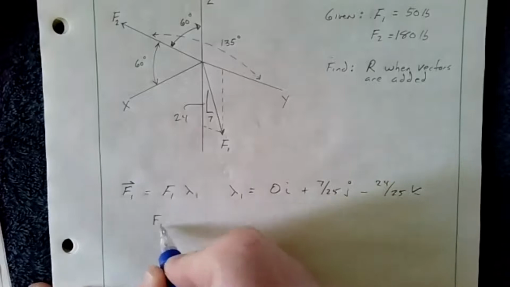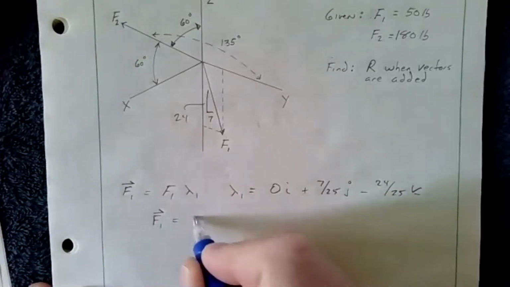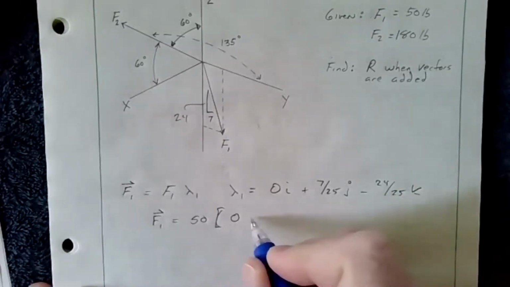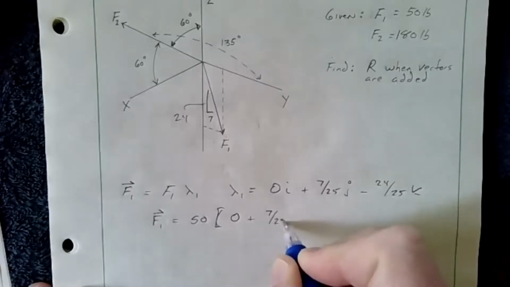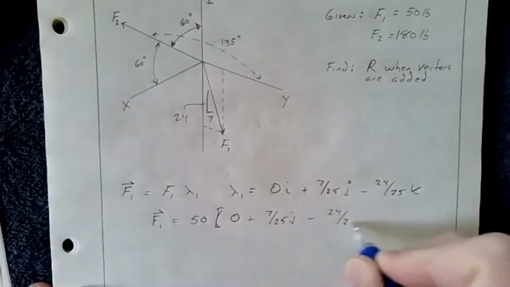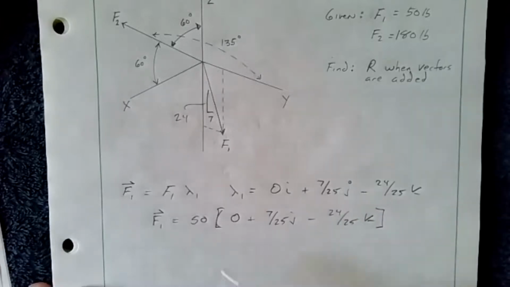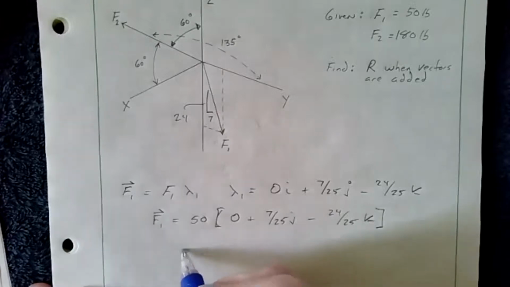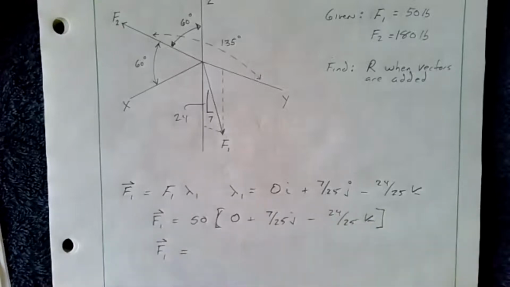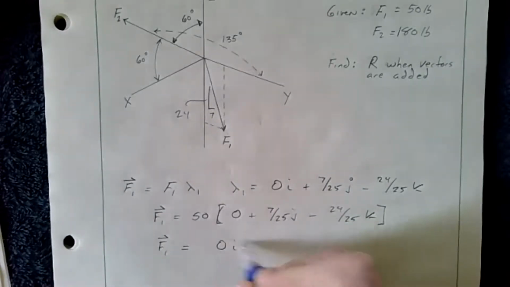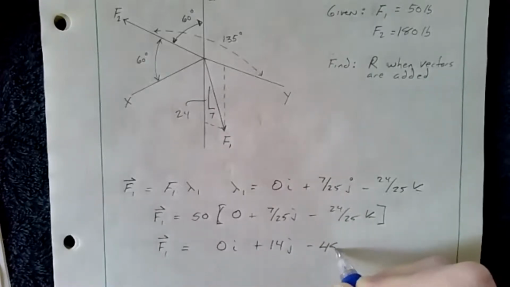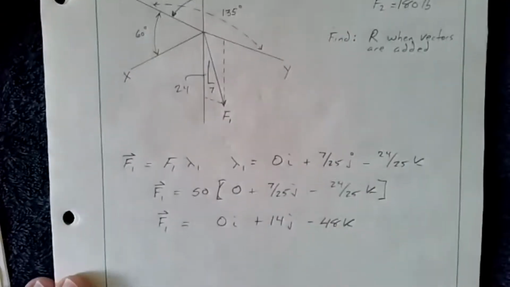Therefore, F1 is equal to 50 times (0 plus 7/25 j minus 24/25 k). You can see with the 50 that it's going to cancel, so you end up with F1 equal to 0i plus 14j minus 48k. That's our first one.